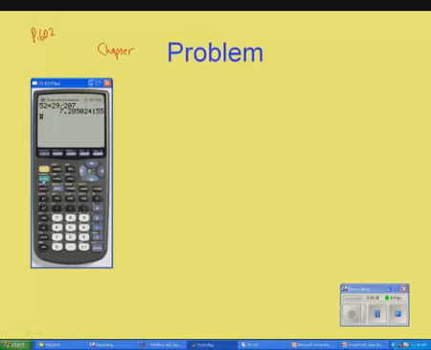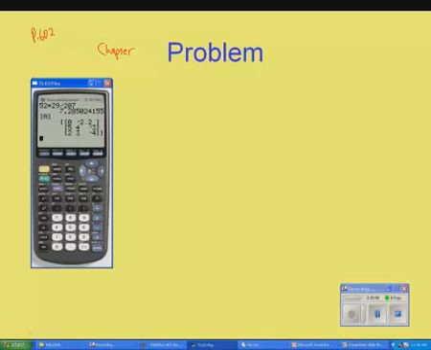I hit second and then that x-1, and it takes me to the matrix menu. I have some different matrices on here already. If I just press enter right now, it'll say, do you want to see matrix A? And I say, yeah. And it shows me a box full of numbers.